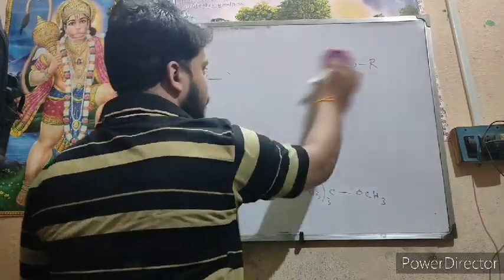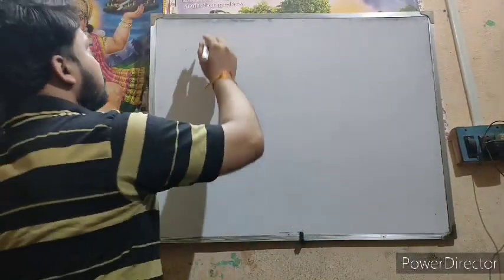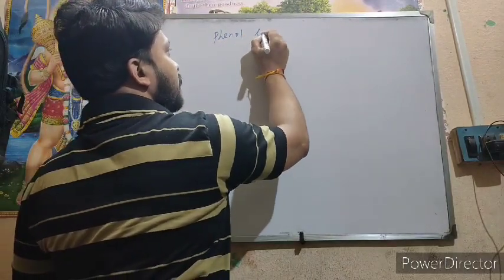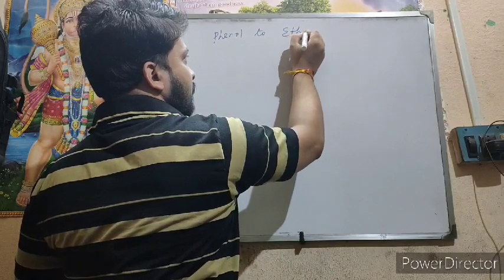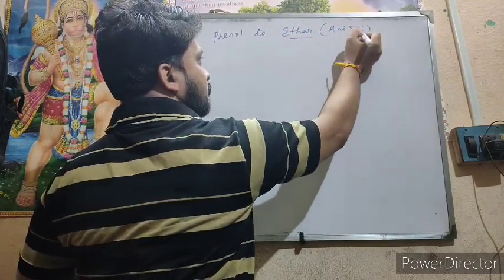Next, very easy: preparation of ether from phenol. The product is named anisole.